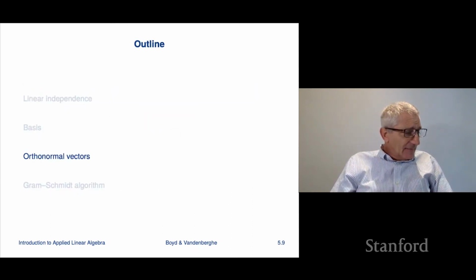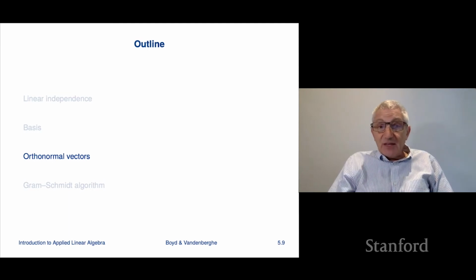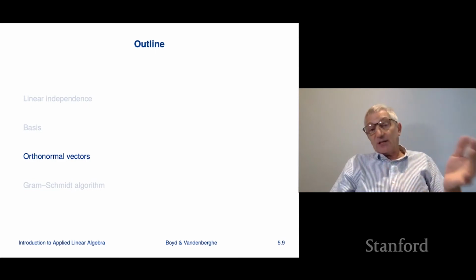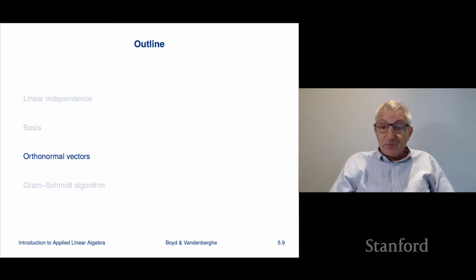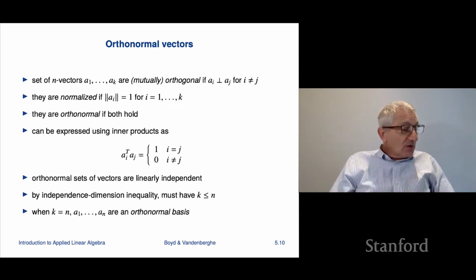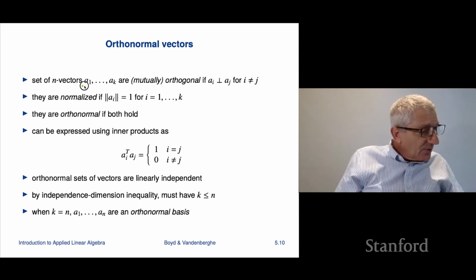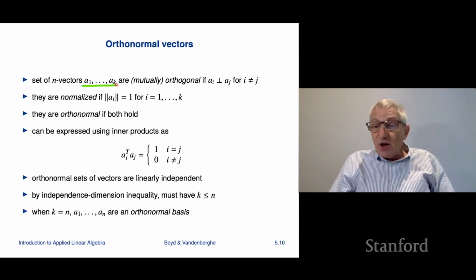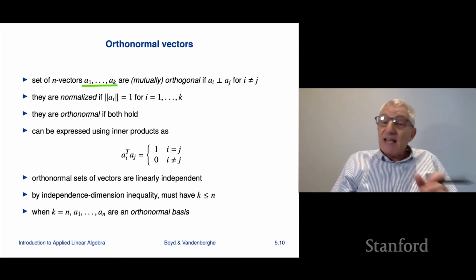Okay. Next topic is orthonormal vectors. That's also going to play a big role in the rest of the material in the book, and we'll say what they are. A set of vectors A1 through AK are said to be mutually orthogonal, or just orthogonal, if any pair of them, which has to be distinct, are orthogonal.